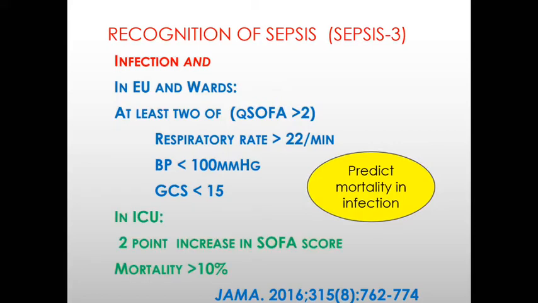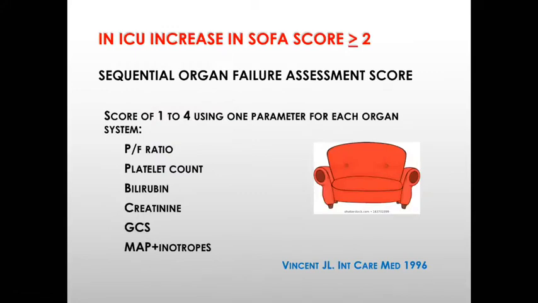In ICU, we have more complex patients and we have more data to make a definition. So in ICU, the recognition of sepsis is a 2-point increase in a SOFA score, again in the setting where new sepsis is suspected. And this change alone automatically carries a 10% mortality. The SOFA score you're familiar with, we use it a lot in ICU.